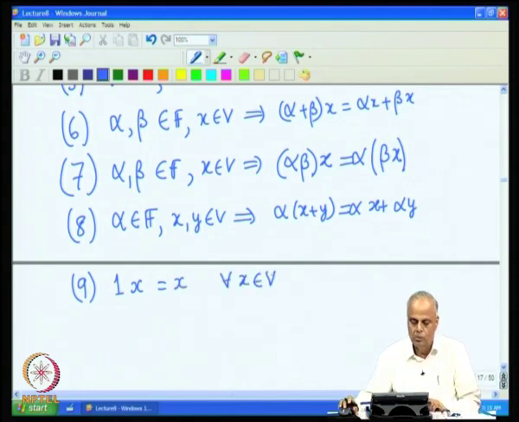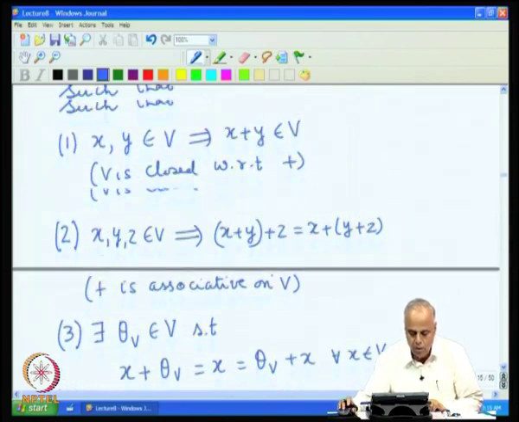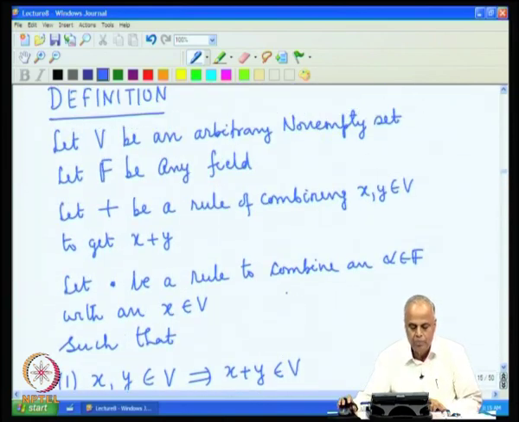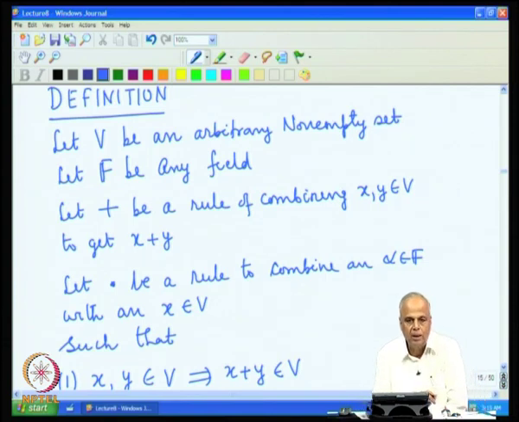So, let us now go back. What are all the ingredients that we required? We required an arbitrary set V which played the role of R^k.